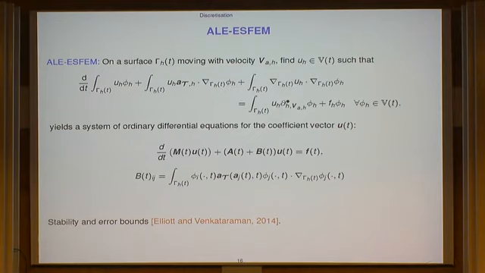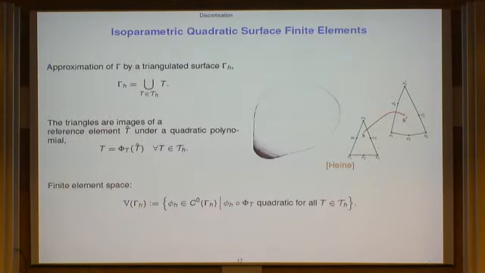Okay, so this was a world in which we could prove something, but for the actual problem I'm interested in talking to you about today, the surface is of course an unknown. So we don't have a prescribed velocity. And it turns out that because we have to solve a geometric evolution law, we have to work a little bit harder in the way that we approximate the surface.